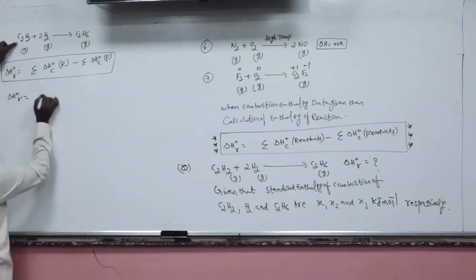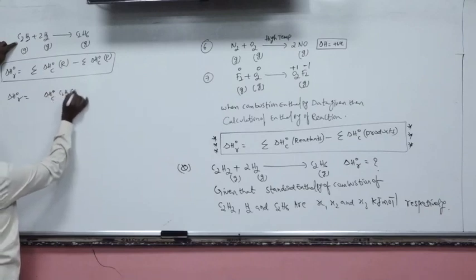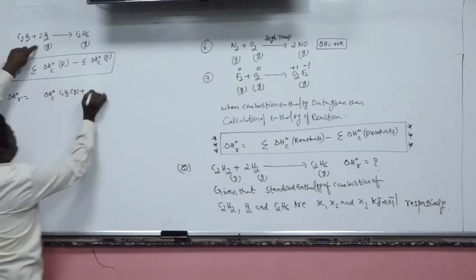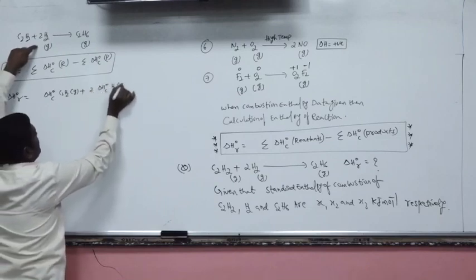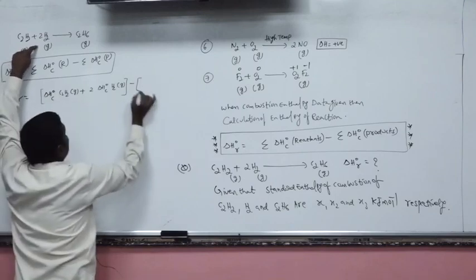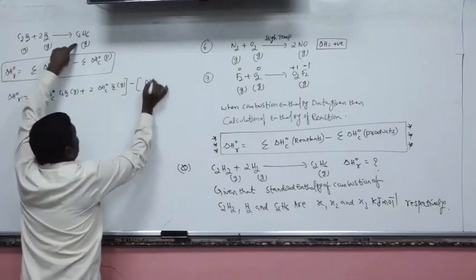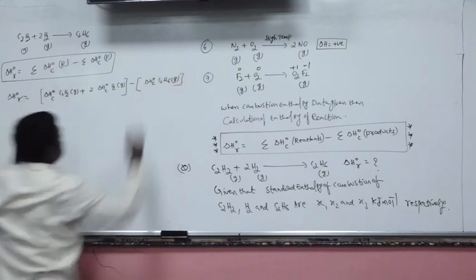One is acetylene, the standard enthalpy of combustion of acetylene gas, plus 2 moles of the standard enthalpy of combustion of dihydrogen gas, minus the standard enthalpy of combustion of ethane gas. Okay?